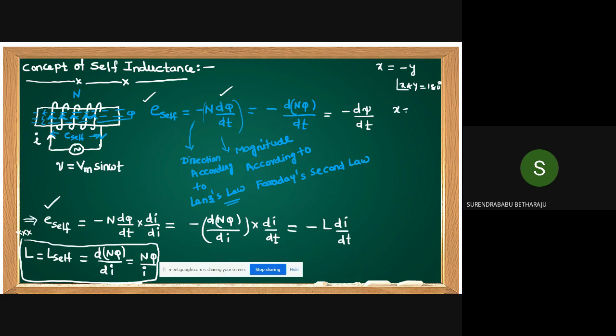If x equals minus dy by dt, then what is the angle between x and y, students? It is 90 degrees. If one quantity directly opposes another quantity, the angle between them is 180 degrees. If one quantity opposes the rate of change of another quantity, the angle between them is 90 degrees.